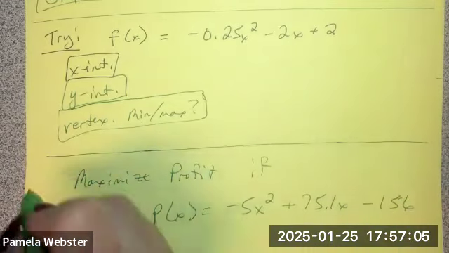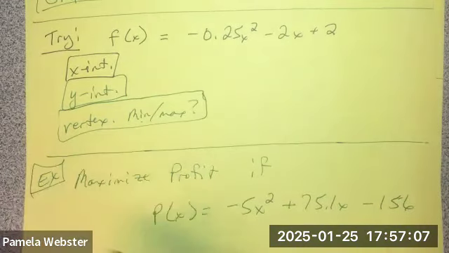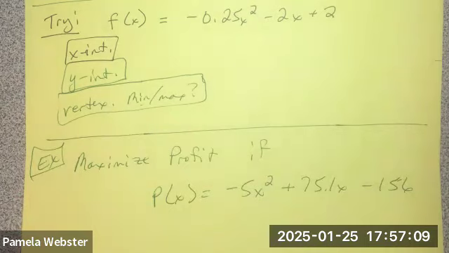This is one problem in the book. Okay. If it asks you to maximize the profit, this is an application problem, a word problem, where they're using what we just talked about. So what does that tell you?